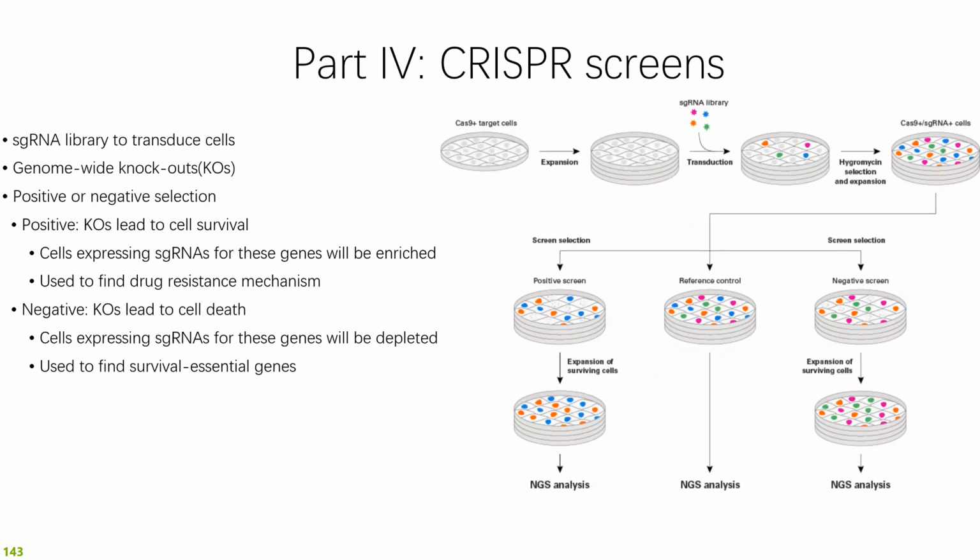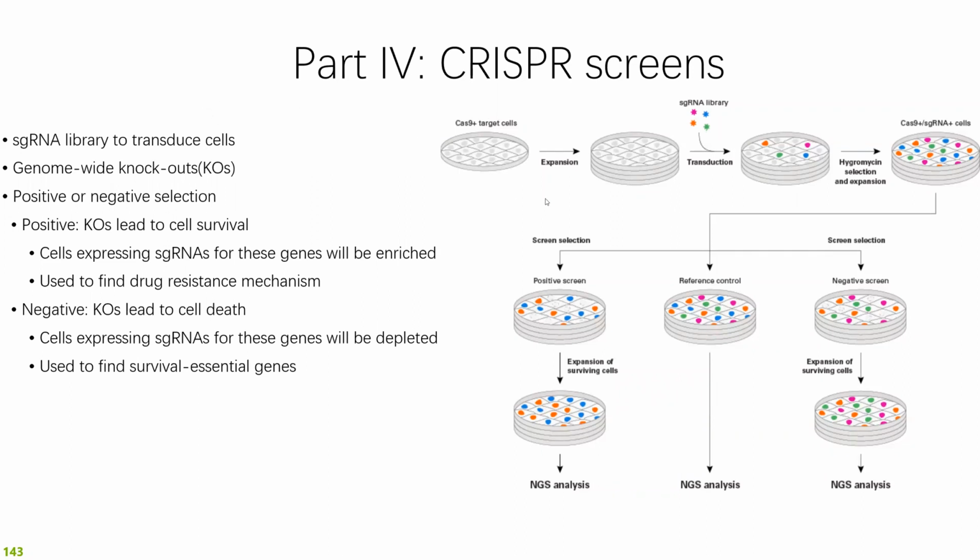This is a brief overview of a CRISPR screen. We first construct an sgRNA guide RNA library, which contains many different types of RNA targeting many different genes. And we transduce cells with the sgRNA library, usually through the use of viral vectors.